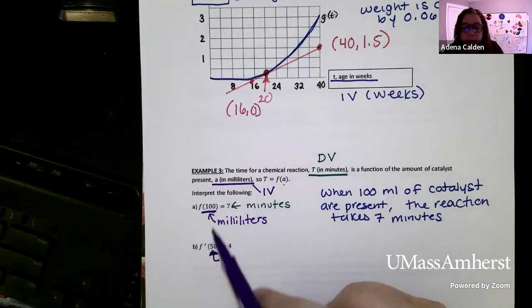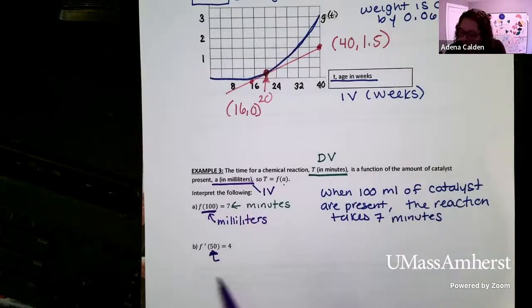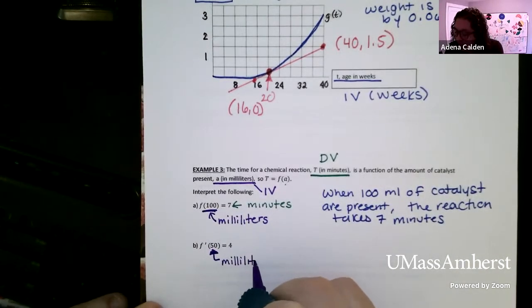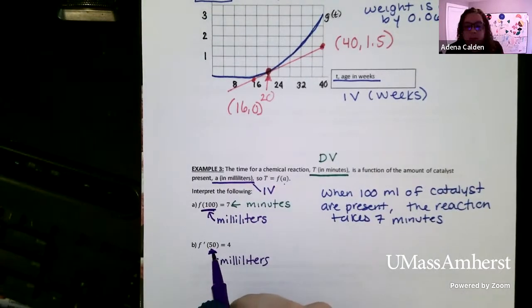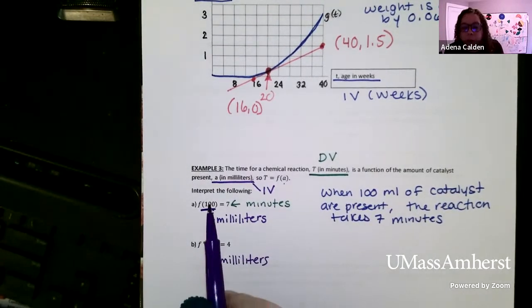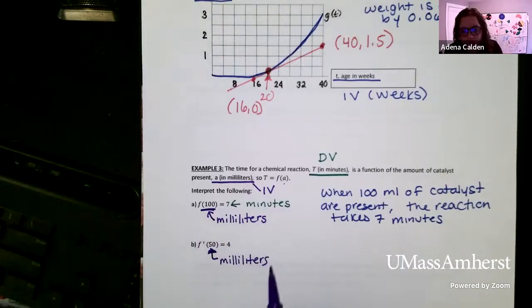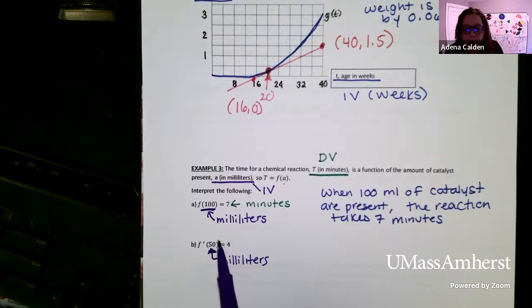So the 50 is also talking about milliliters. Whatever is inside the function, the units of that don't change as you take derivatives. We're always talking about which moment in time. And so this is always going to have a single unit for the number that's inside. What's going to change is the output.